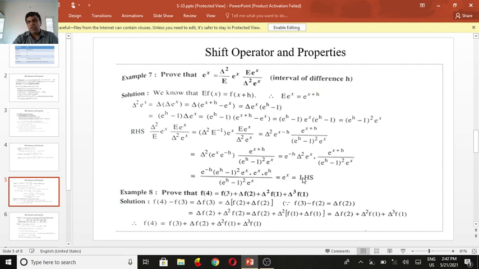This is the LHS. So we are using the RHS, and we are doing the LHS.